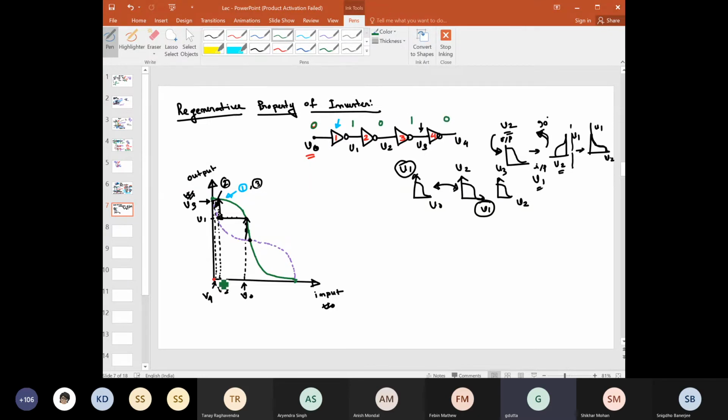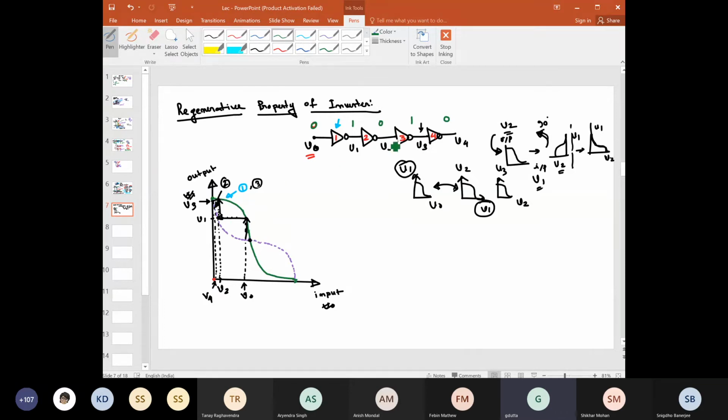So if this is logic 0, but due to noise it has deviated a lot, and when it has crossed the first inverter, it is expected to be logic 1. But see, suppose this is VDD, the gap between this and V1 has reduced compared to this, right? Now when it has passed through the second inverter, after that it is expected to be 0, right?